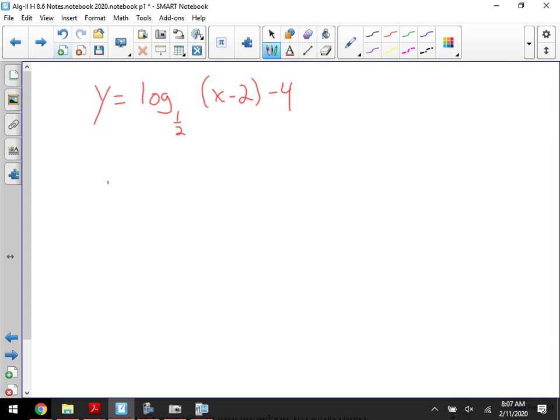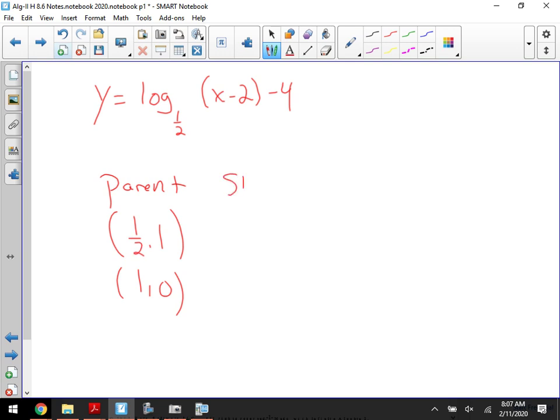All right, your parent function will always be base, 1, and 1, 0. Okay? No matter what. In this case, what's your base? 1/2. So I know my parent would be at 1/2 and 1, and then 1 and 0.